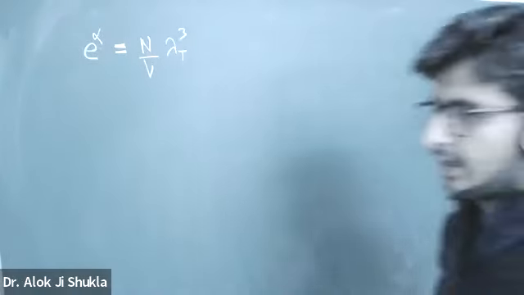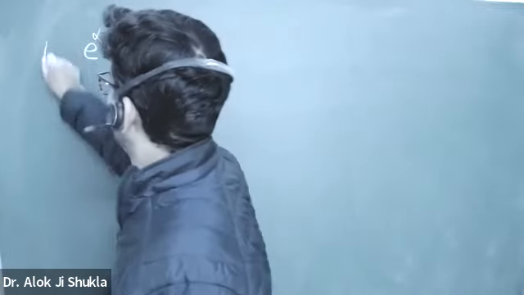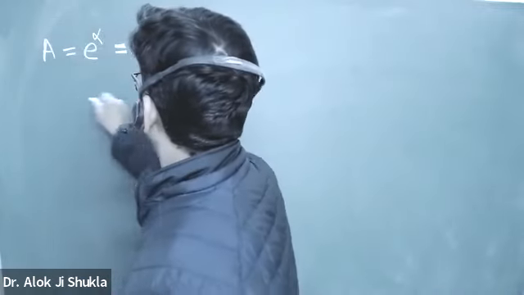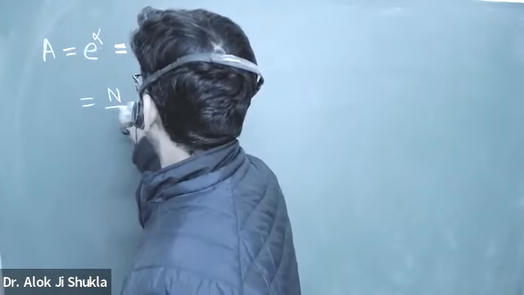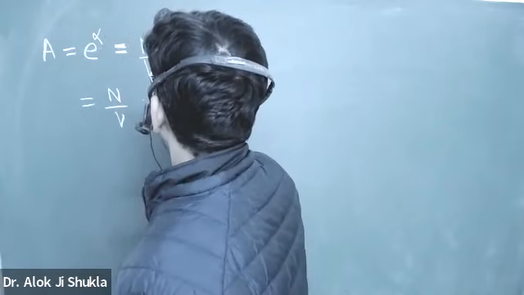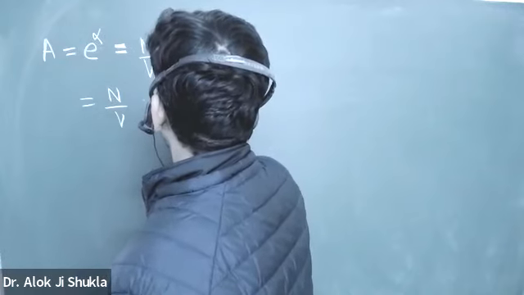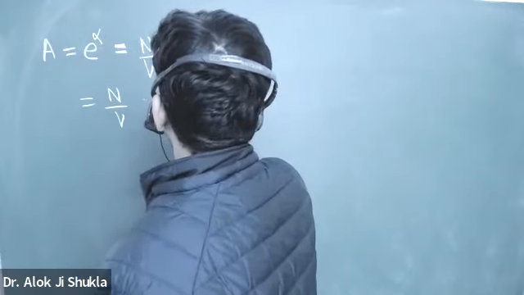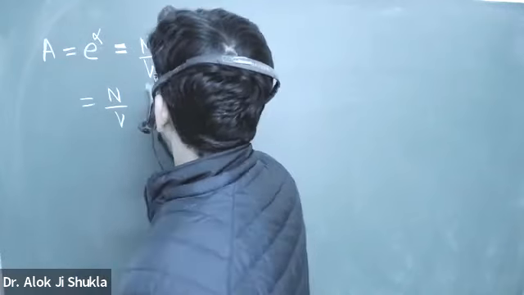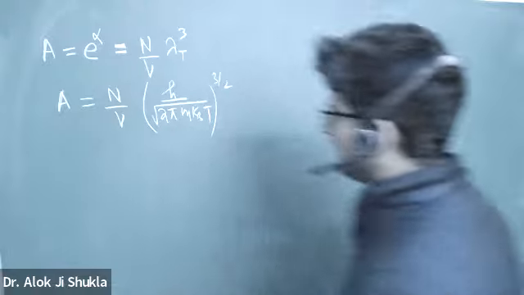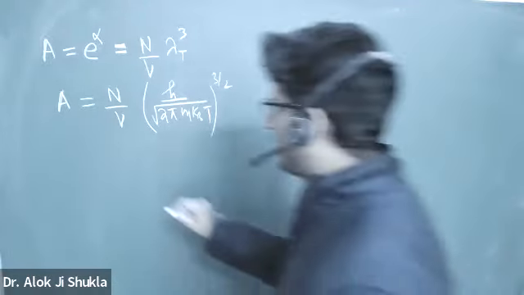Okay. And this was A, and this is N by V. What is lambda t? That is h under root by m under root 2 pi m kBT to the power 3 by 2. This is it.